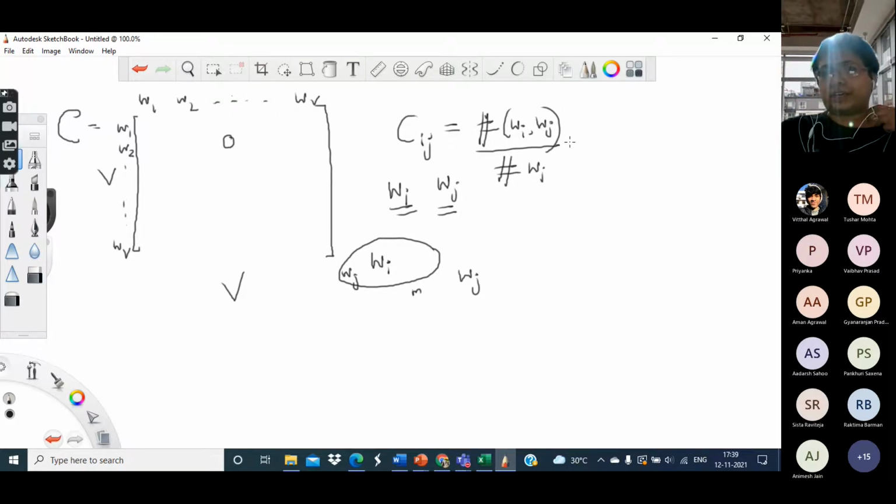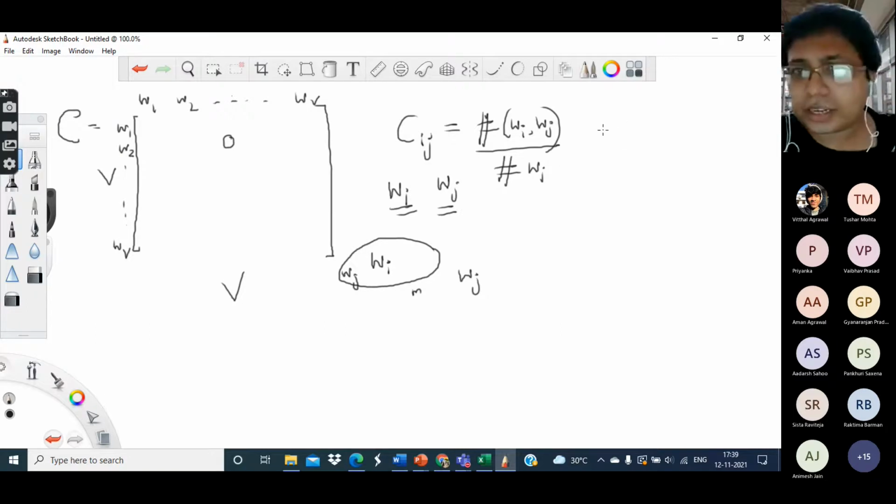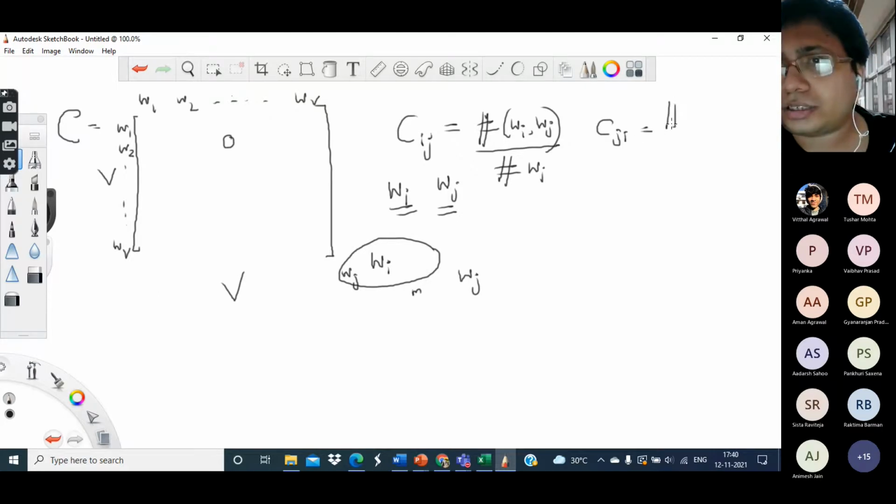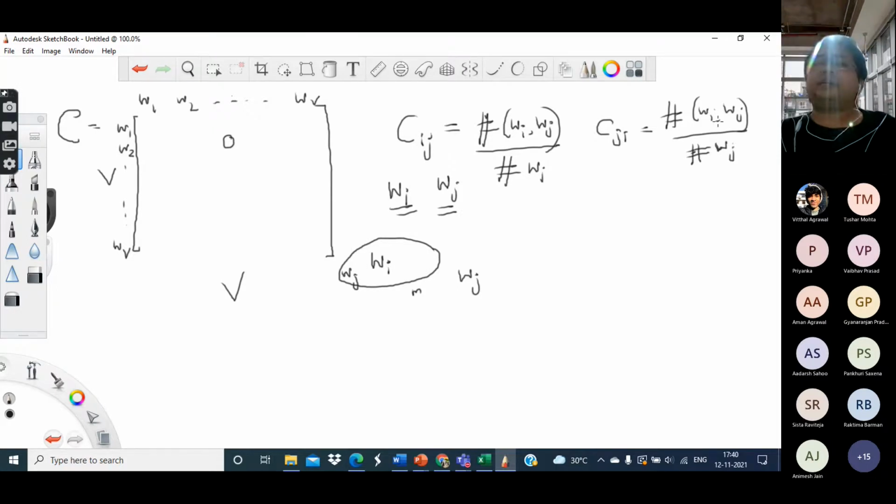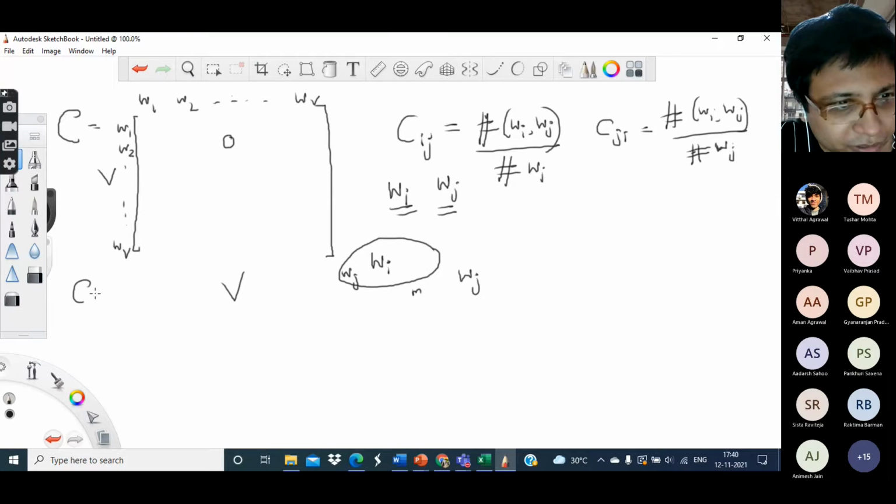If I define it this way, then Cij is equal to this, and Cji will of course be the other thing, that is the number of their co-occurrences divided by the number of occurrences of wj. That is, whenever wj occurs, what fraction of the times is it also associated with wi. So this way I can get what is known as a co-location matrix, or co-occurrence matrix.